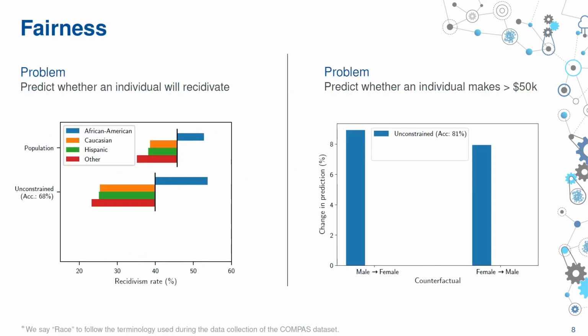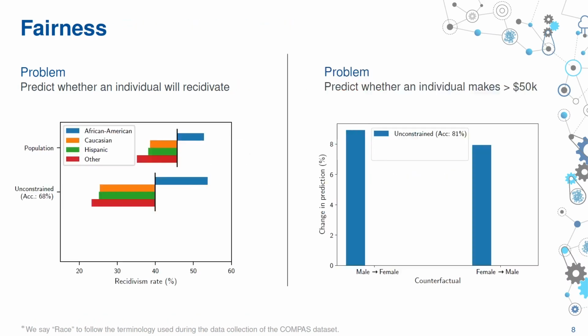The problem in fairness is that we want to predict some sort of recidivism, right? So we want to predict recidivism or predict whether an individual makes more than, let's say, $50K. And the issue is that the data is very biased, and that bias gets amplified even in the solution that we see when we solve an unconstrained optimization problem, right? We want to mitigate this bias using the constraints that we have. So we want to do fair learning.